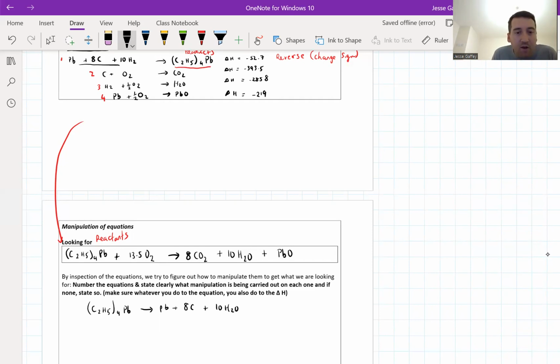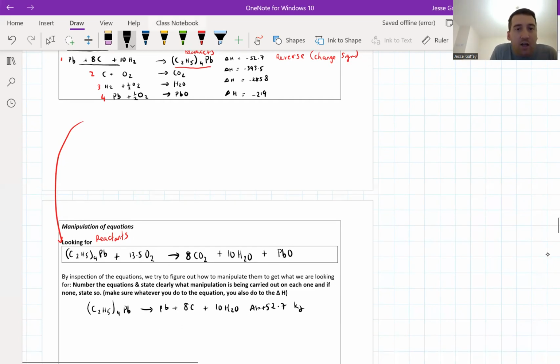Now, because I've reversed the equation, I have to reverse the sign on this here. That gives me plus 52.7 kilojoules. And of course, delta H equals plus 52.7.